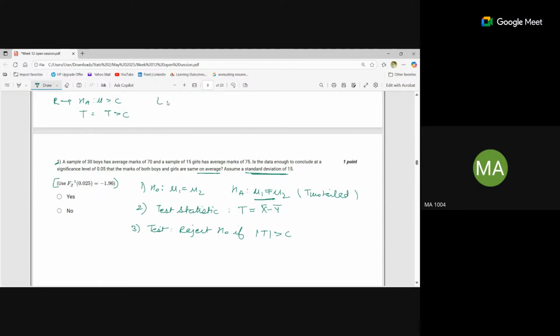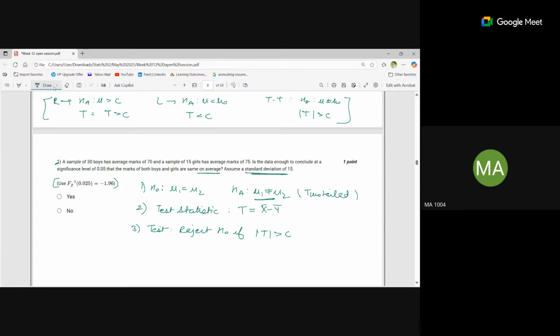Similarly, if I'm having a left tail test, my alternative would be mu is less than mu naught, and my test would be rejecting h naught if my t is less than some critical value c. If I'm having a two tail test, my alternative would be mu is not equal to mu naught, and my test would be rejecting h naught if mod t is greater than c.